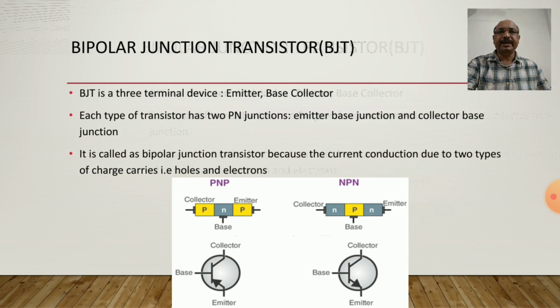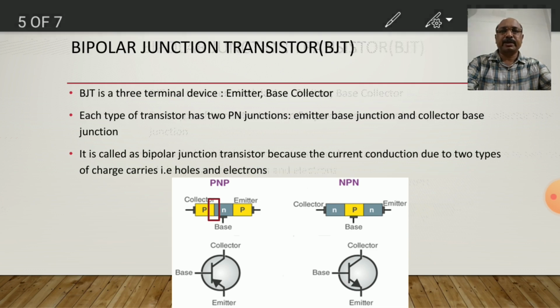Now, BJT is a 3-terminal device: the first terminal is the emitter, the second terminal is the base, and the third terminal is the collector. Also see that the structure of the transistor has two PN junctions. This is the first PN junction and this is the second PN junction.